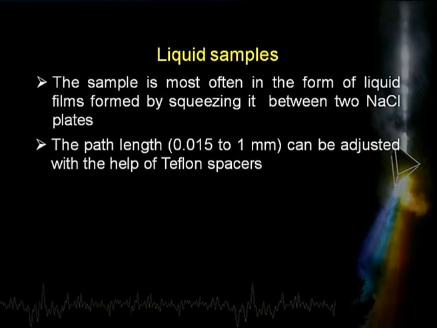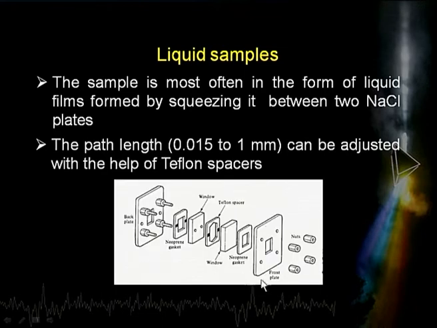Thereafter, there are mechanisms of putting the two together, and then this whole assembly is kept into the path of the IR radiation. Then we make measurements, and there are ways of adjusting the path length. Since we are making a very thin film, it could be maybe 0.015 millimeter, or maybe you can have larger films, and for that we use the assembly I was referring to.